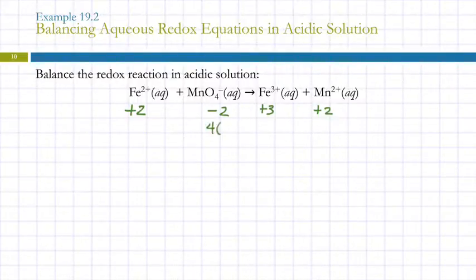So 4 times the -2 is a total of -8 oxidation state from the oxygen. And overall, we have a -1 charge. So manganese will be what? +7. So 7 and -8 gives me -1. Write it out if you need to, because it is easy to come up with 9 instead of 7, but it's not right.